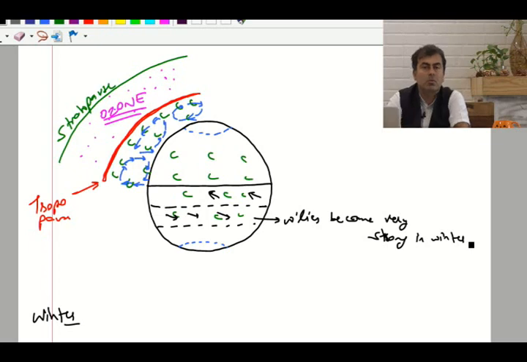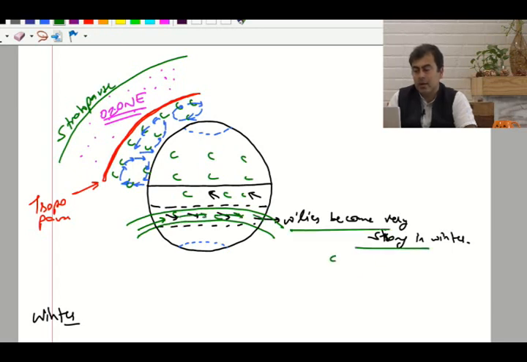Remember, I was talking about the roaring forties, furious fifties and shrieking sixties. Very, very strong. So what happens is, the entire troposphere around the pole gets cut off because of these strong winds. Do we get that? Westerlies become very strong and they cut off the polar air mass from the rest of the world.